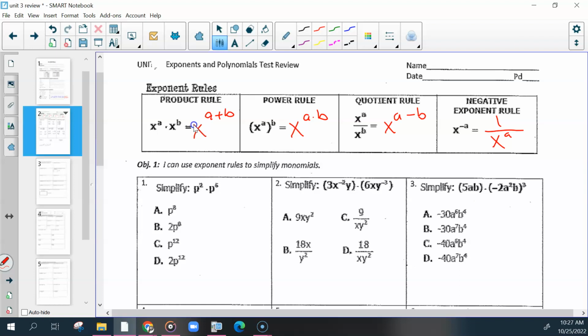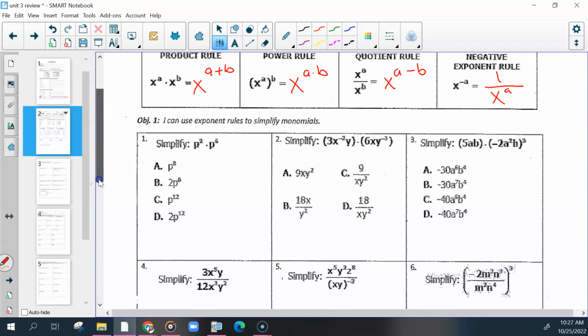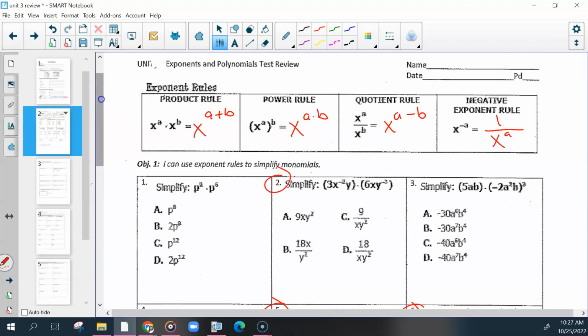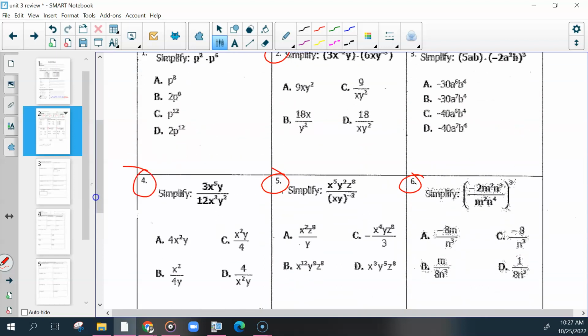Look at numbers 1 through 10 on this page. Find any questions that maybe you did, you want to go over, or see if you got it right. If you have questions about, it looks confusing, you're not sure where to start, any of those. 6. Lily, number 5. Go ahead, Cameron. 2. Victoria? 4. Any others on that page? 1.